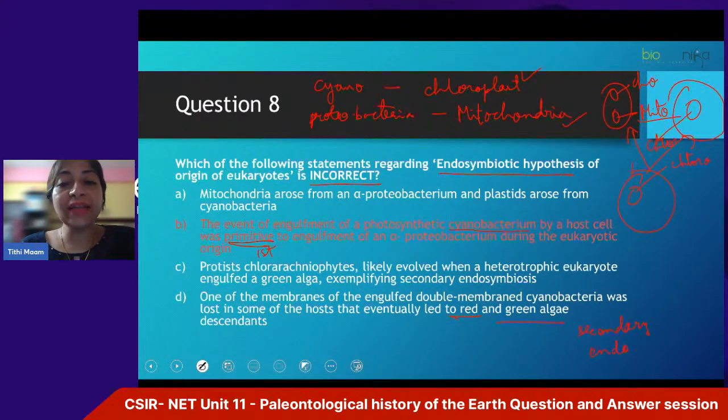So red and green algae evolved by secondary endosymbiosis. In them, the cyanobacterium-derived chloroplast is still double membrane, because one set of membrane has been lost. Understood, Kirtana?